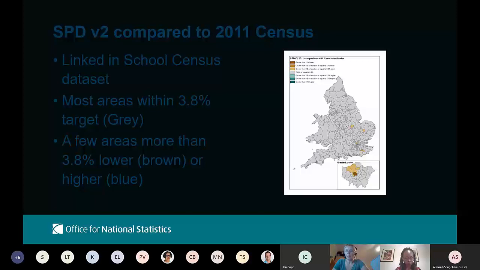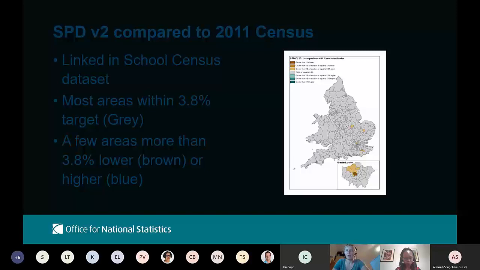You can see that most of the areas on the map are grey, and that means they're within our 3.8% target of the 2011 census. There are a few areas, notably in London and one or two others, where they're further away than that 3.8%.